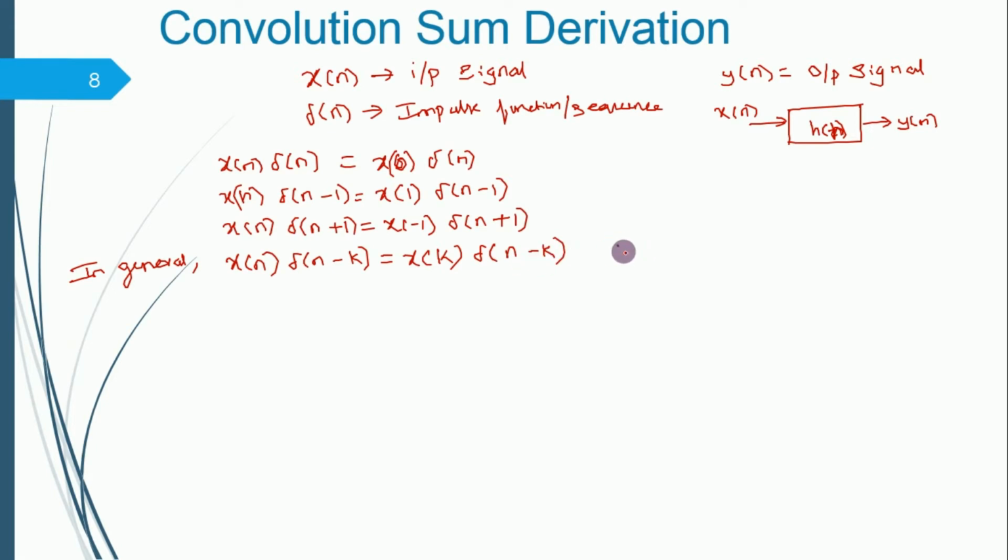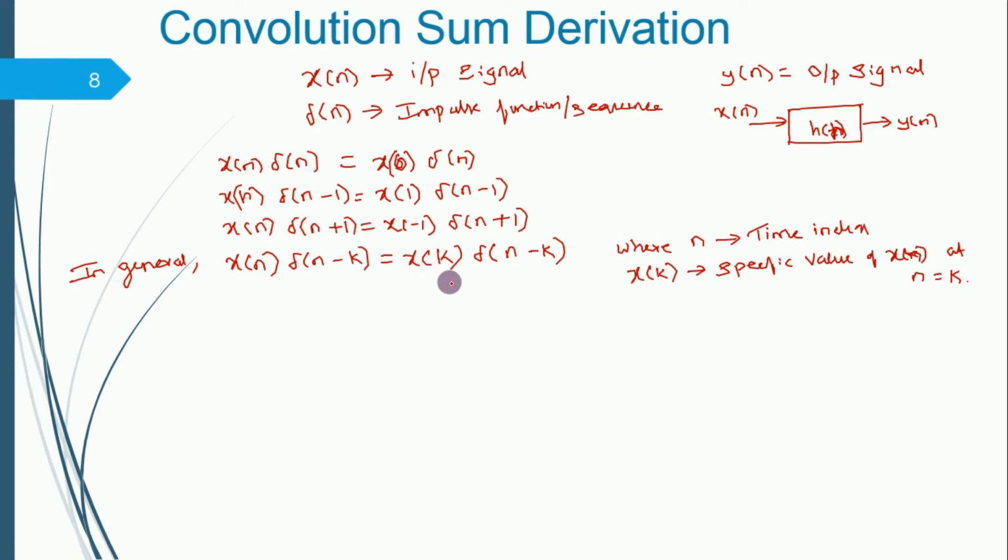Here n is the time index, normally an integer, whereas x of k is a specific value or a constant, a weight, the specific value of x of n at n is equal to k.